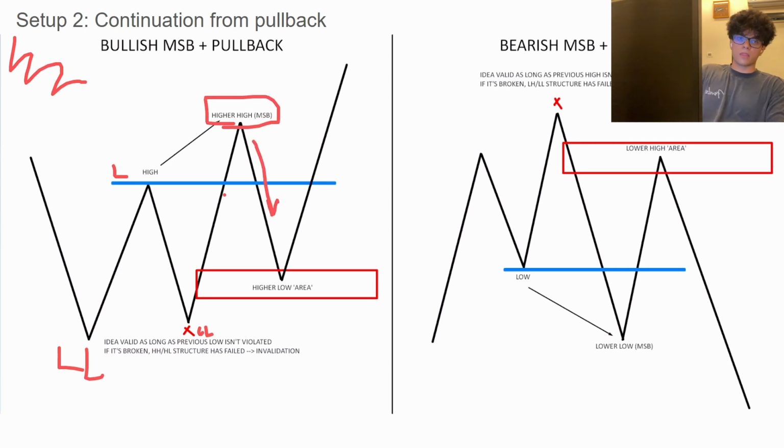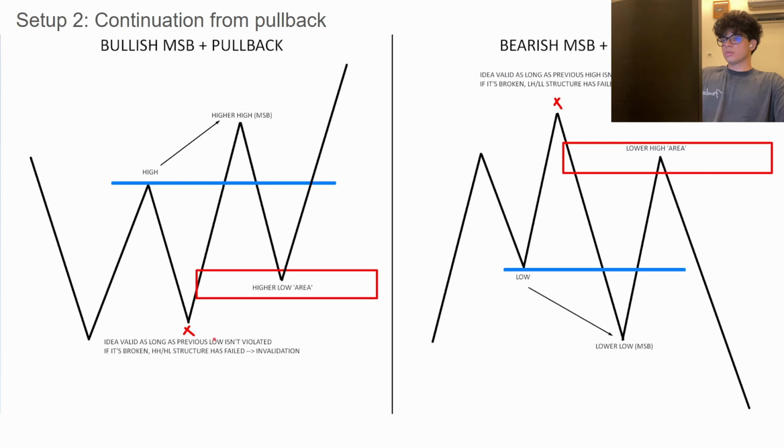So in the first setup we saw that it retested on the lower high, but in the second setup it's going below this area, below the retest area. It's actually going to pull back somewhere deeper, and then it's going to go up, right? But your idea isn't invalidated until it goes below this, right?